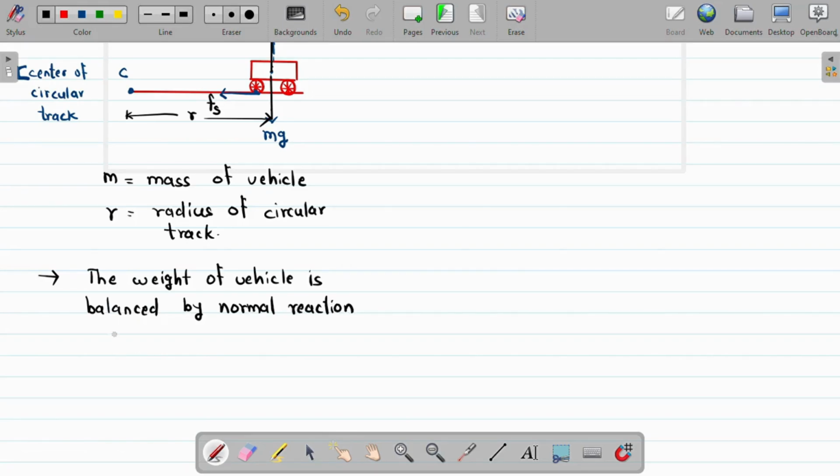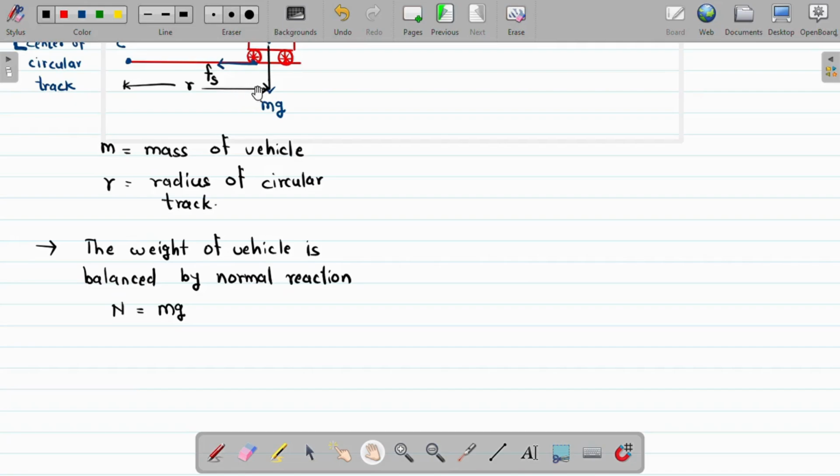So here we have N is equal to mg. And second, if you observe, the force of friction is in the direction towards the center of the circular track and is along the radius.